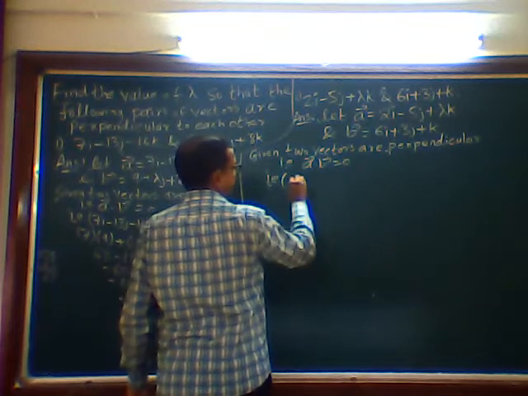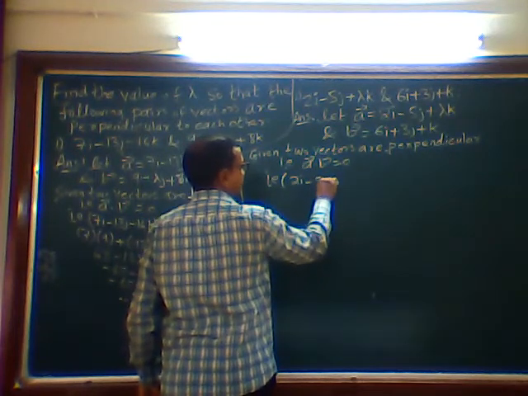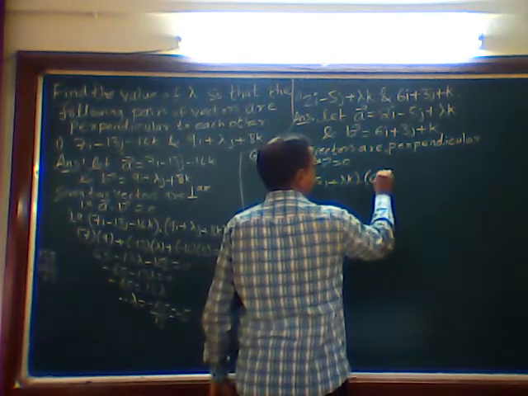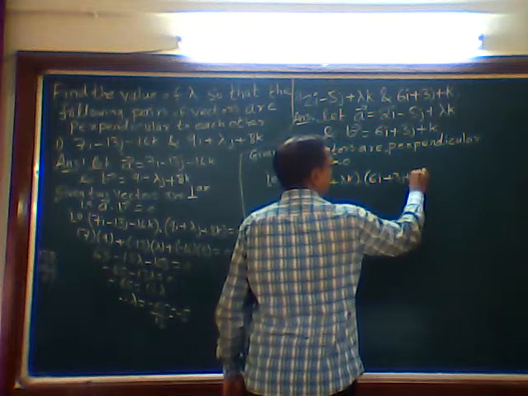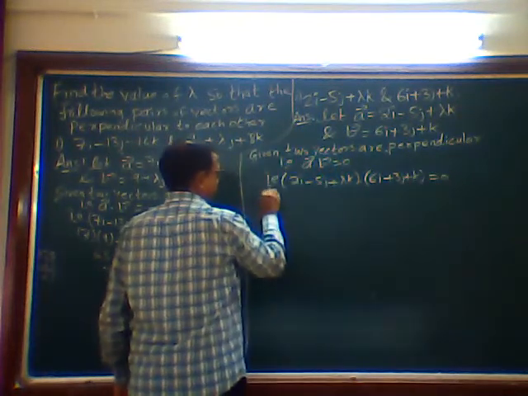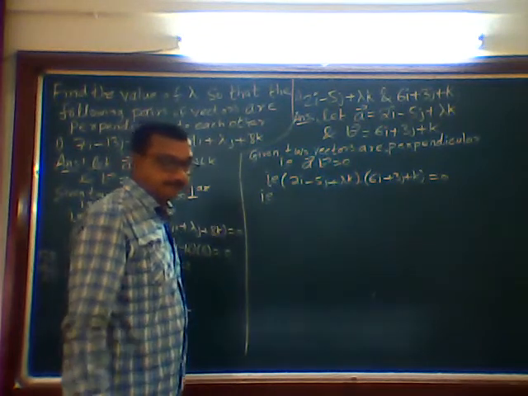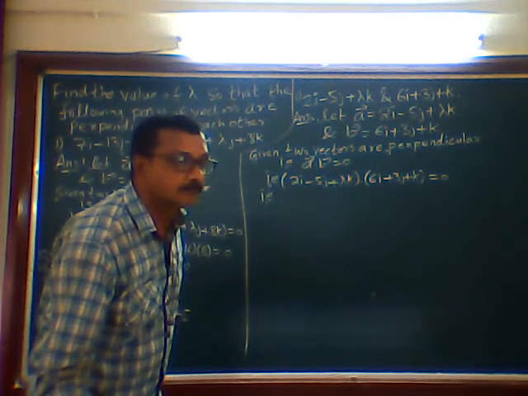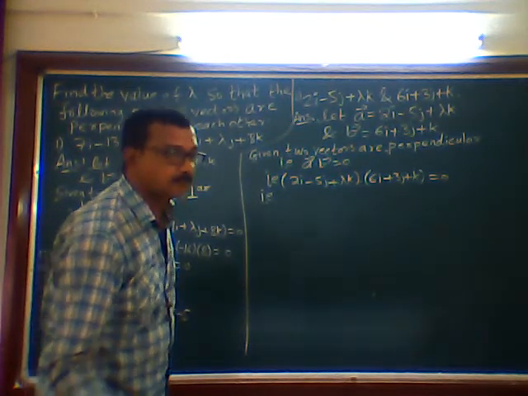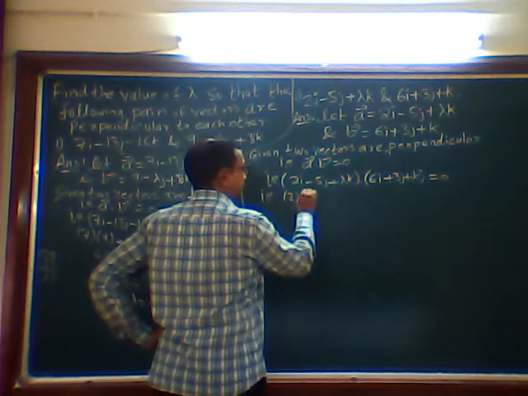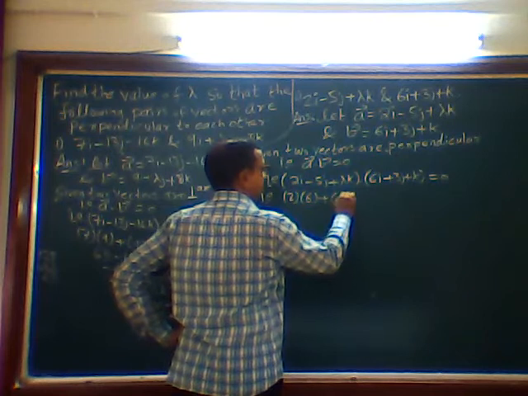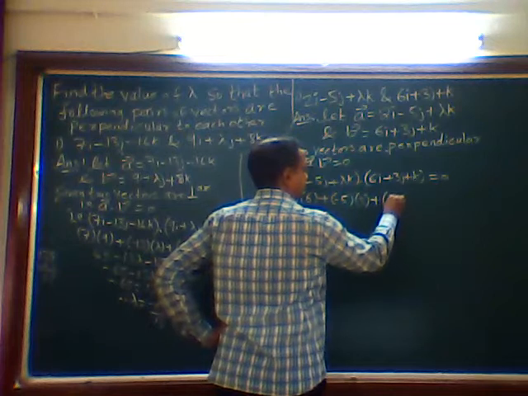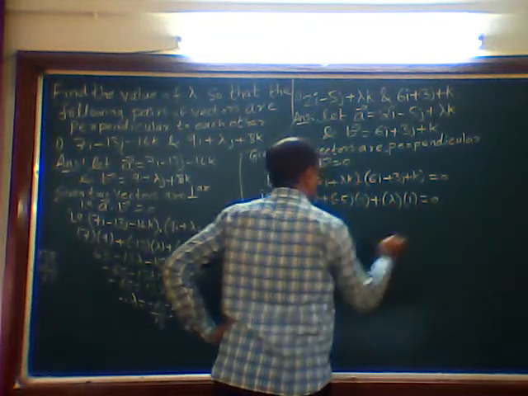That is, what is a bar? 2i minus 5j plus lambda k dot b bar 6i plus 3j plus k is equal to 0. That is, 2 into 6 plus minus 5 into 3 plus lambda into 1 is equal to 0.